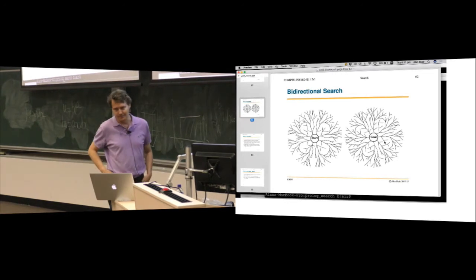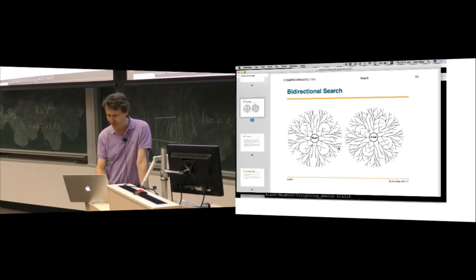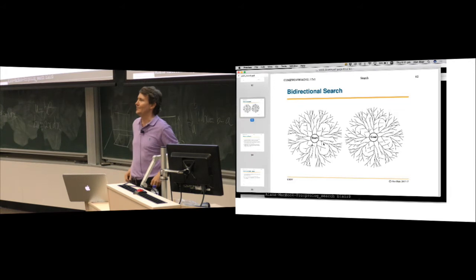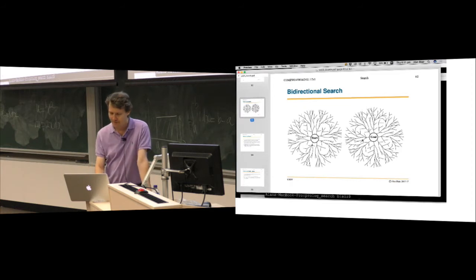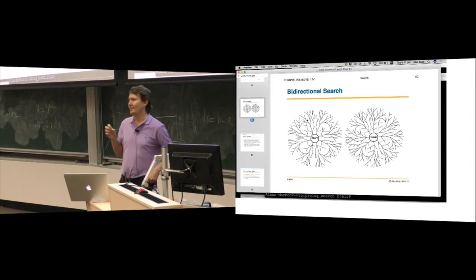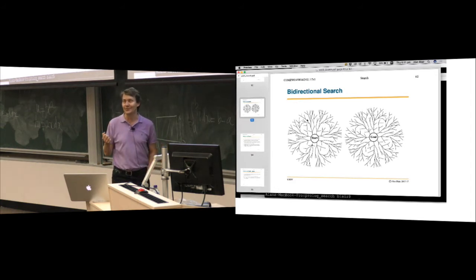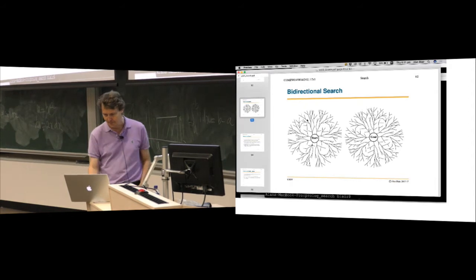Why is that? Well, how many nodes would you generate in the process? Let's say the branching factor is B and the length of the shortest solution is D. Because you're expanding these at an equal rate, let's say they met up here, well, this length would be D over 2, and this length would be D over 2. So the number of nodes here would be B raised to the power D over 2, and the same thing here.